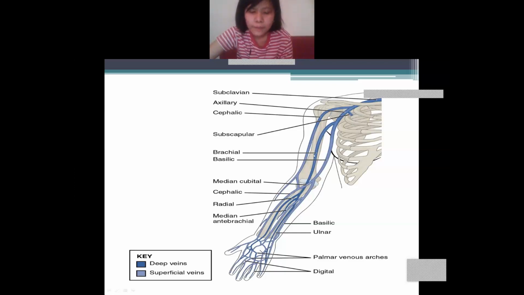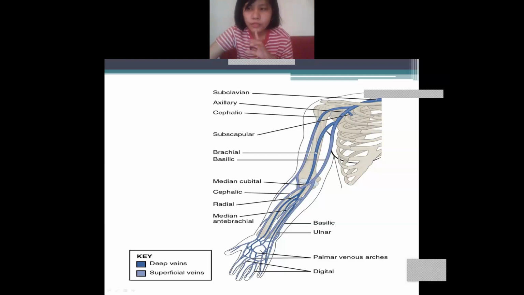This is the brachial. The brachial vein is a part of the deep veins. Understand? It's a part of the deep veins.